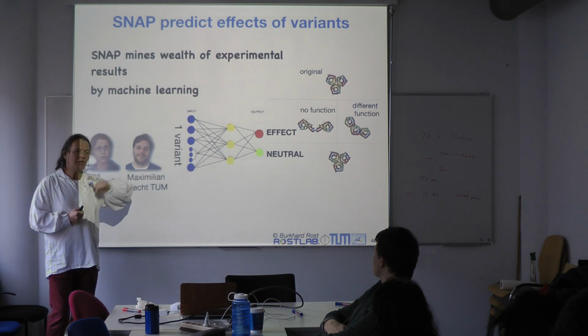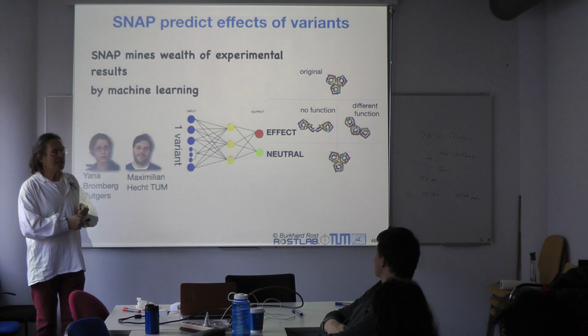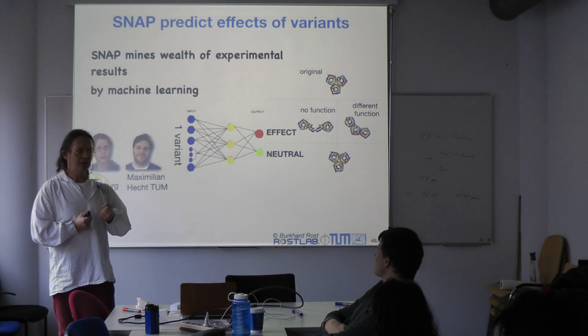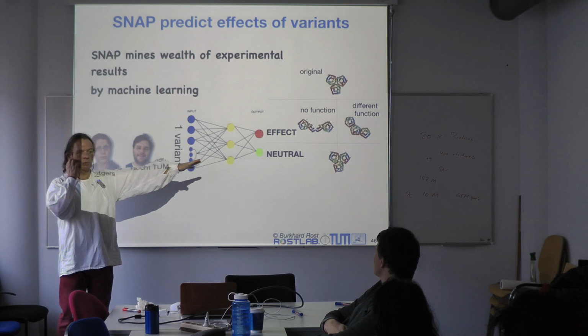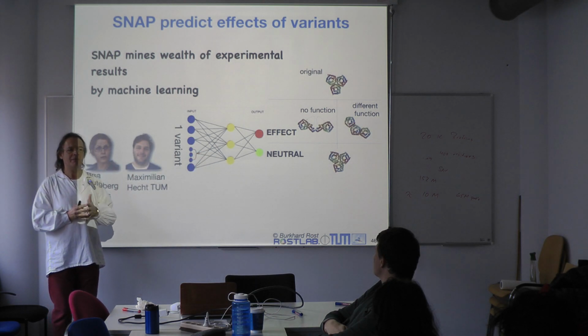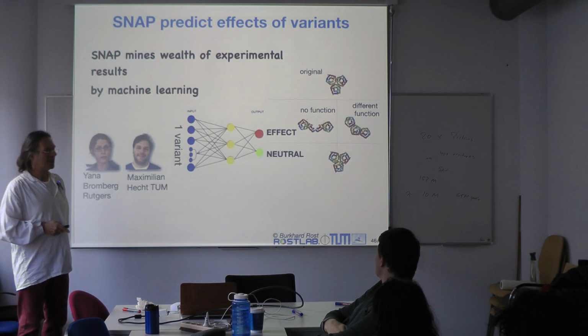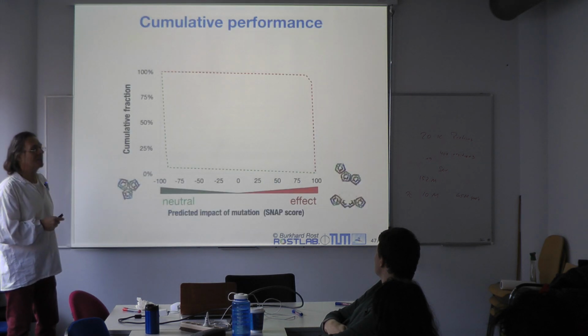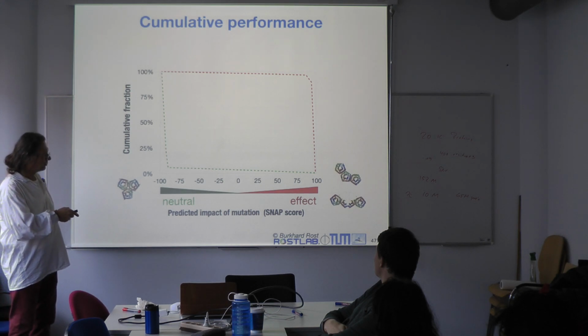The method that we have cannot distinguish these two. What we do know is we have looked at examples of very strong things that change function, and they have a very strong effect in our method. So we see them in exactly the same way as something that is disruptive. Neutral is neutral, so that one is clear. I'm going to show you a couple of slides of this type that are cumulative values.